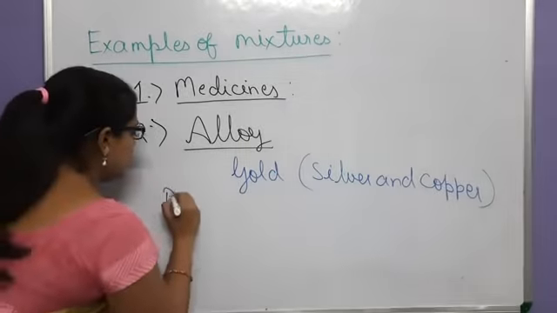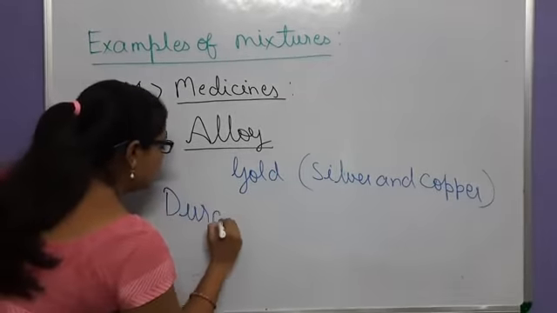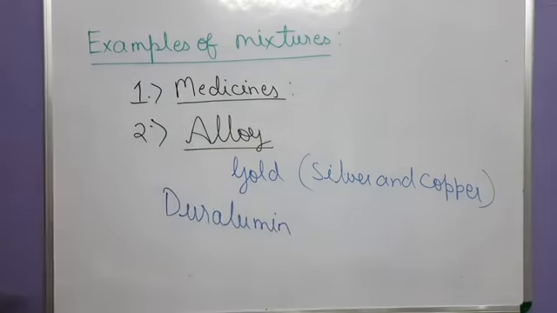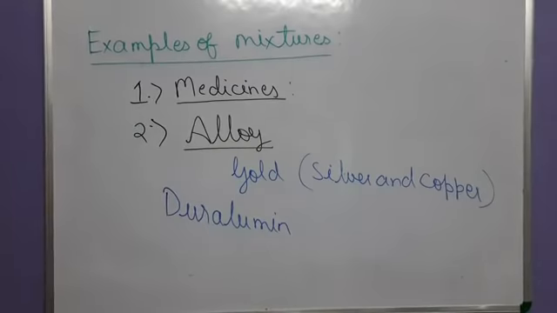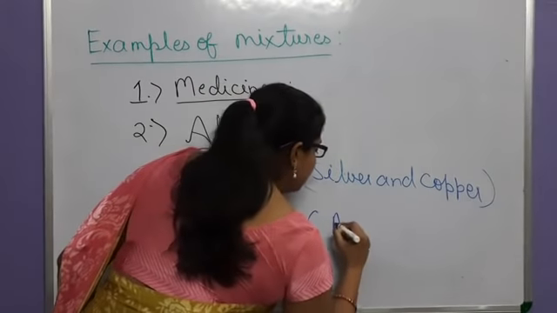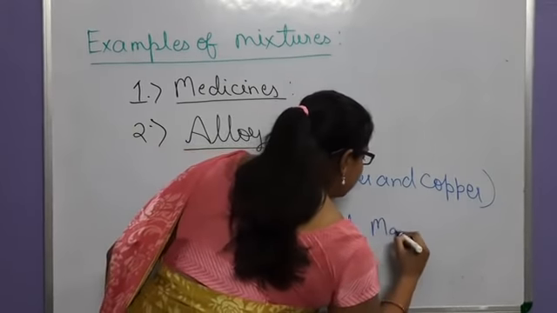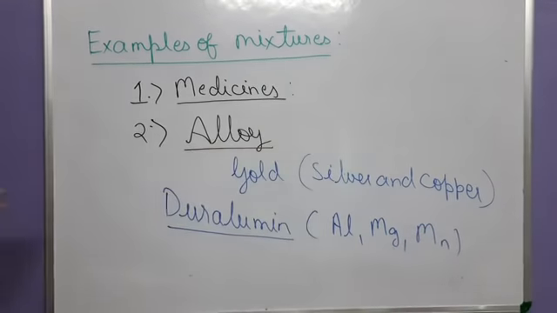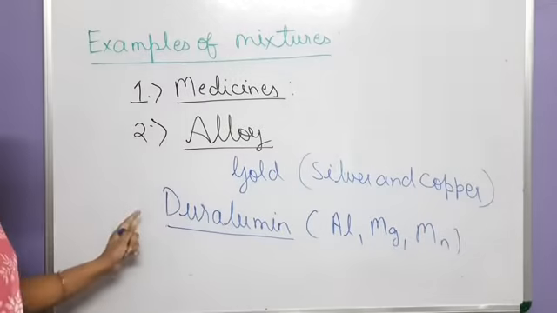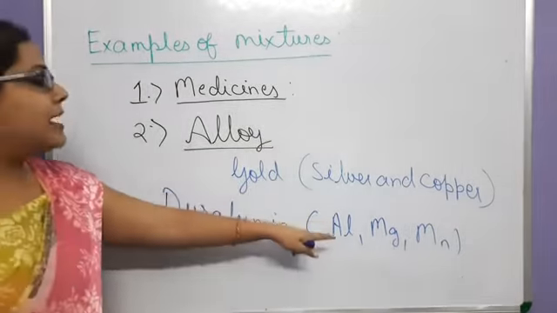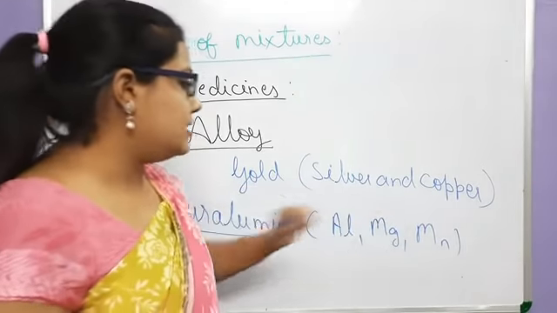So duralumin. This is an alloy of aluminium, in which aluminium is mixed with magnesium and manganese. So what are the three elements present in duralumin? Aluminium, magnesium and manganese.